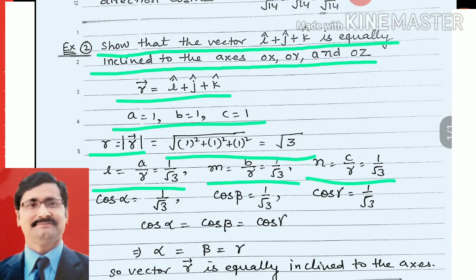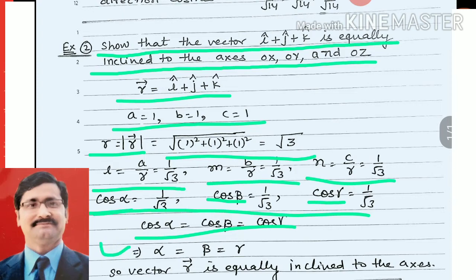Now in a previous session I also explained to you what l, m, n are: direction cosines. So you can write l equal to cos alpha, m equal to cos beta, and n equal to cos gamma. Now you will find by these that cos alpha, cos beta, cos gamma are equal. By this it implies that alpha, beta, gamma are equal, and alpha, beta, gamma are the angles made by this vector r with OX, OY, OZ.